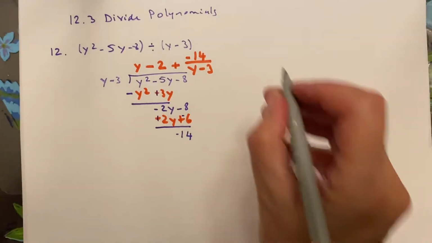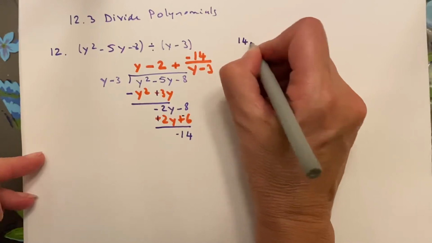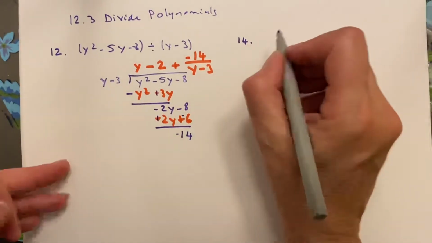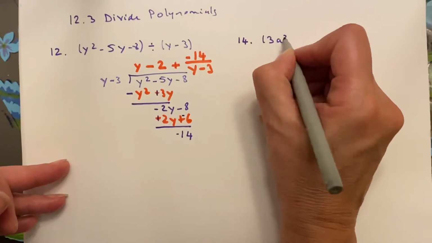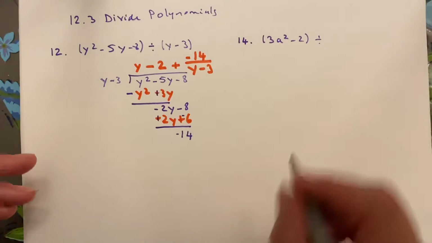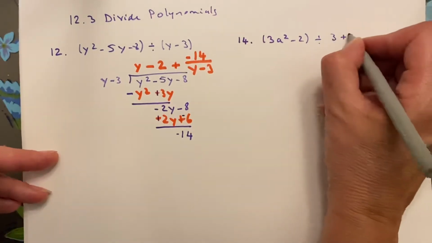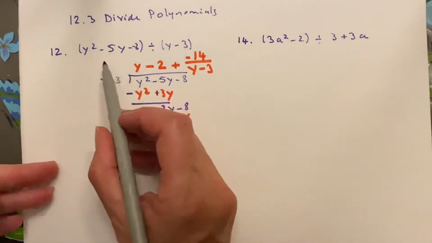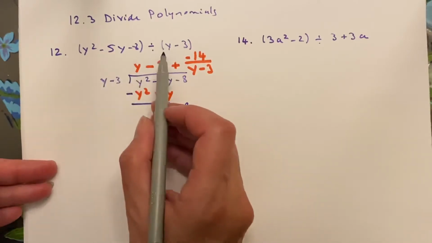Let's do number 14. I have 3a squared minus 2 divided by 3 plus 3a. Now some of you are already cluing in that you cannot possibly divide these as is. And I probably should have gone through the process with you here.